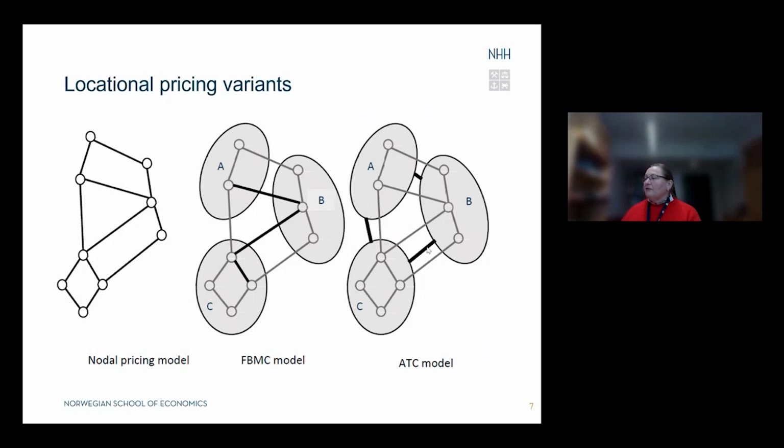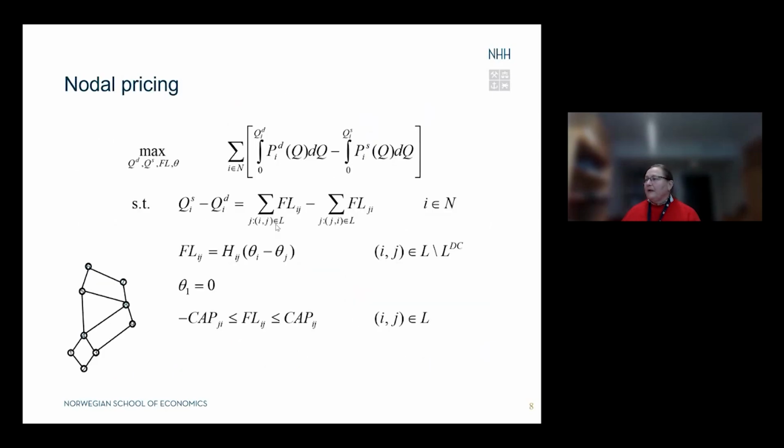We also have the transfer capacities illustrated by means of aggregated capacity limits between the price areas. And then in between, we have the FBMC model, where we still group the nodes into price areas, but where we can address individual links in the network.